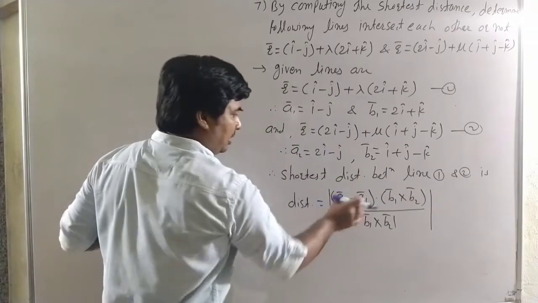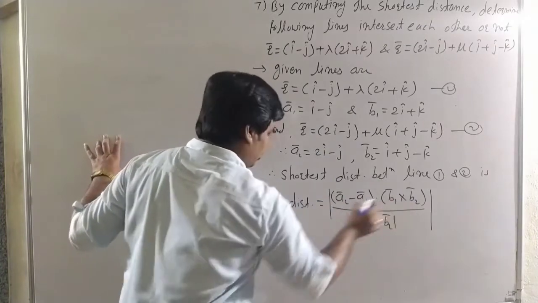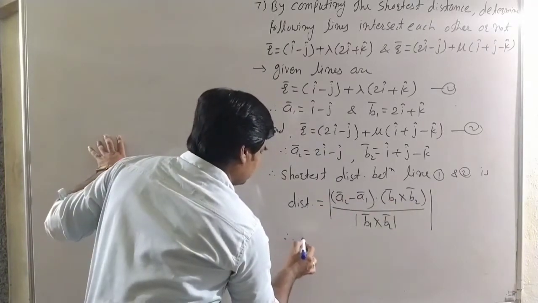First we find a2 minus a1, then find the cross product.